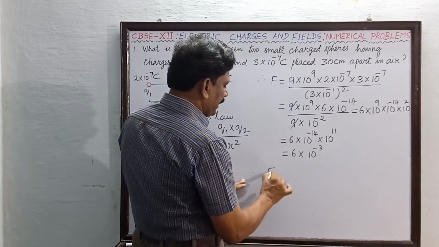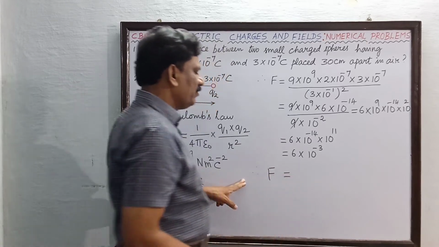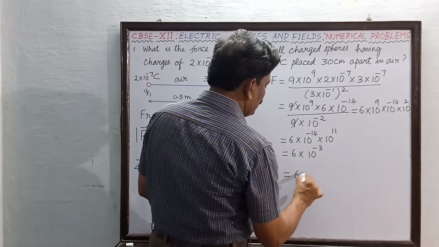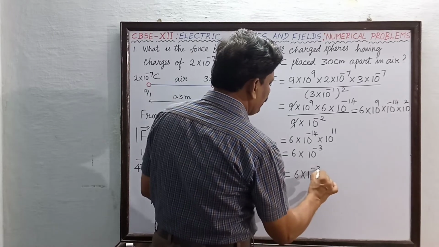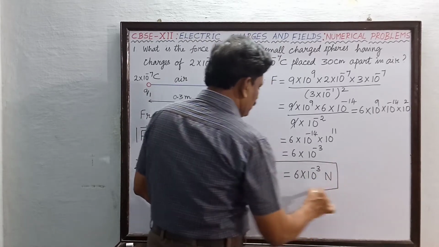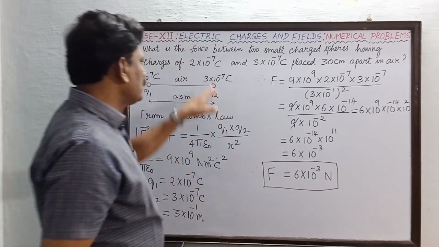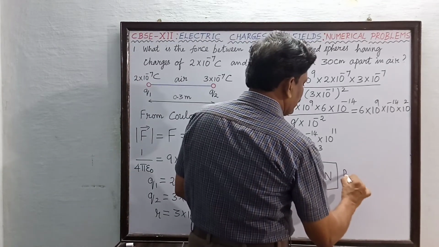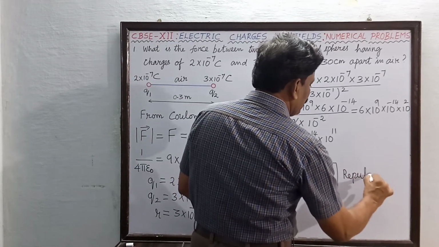So the magnitude of the force between the two charges, F, is equal to 6 into 10 to the power of minus 3 Newton. Since both these charges are positive charges, what should be the nature of the force? The nature of the force must be repulsive.